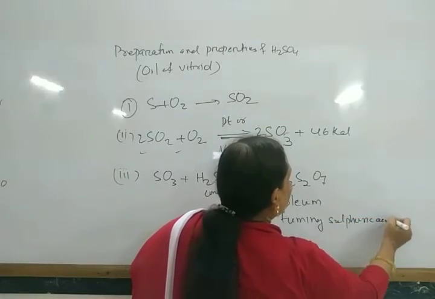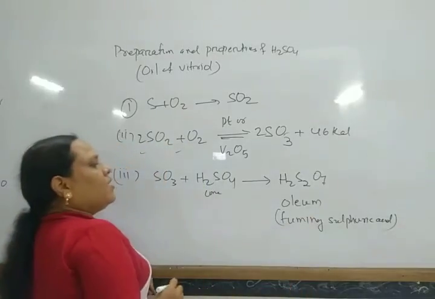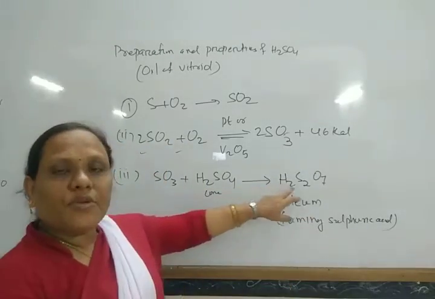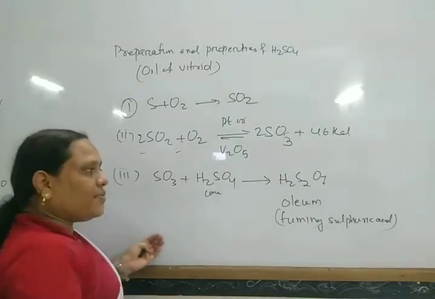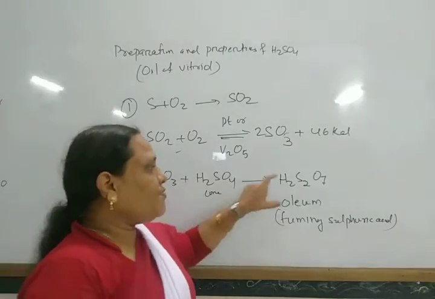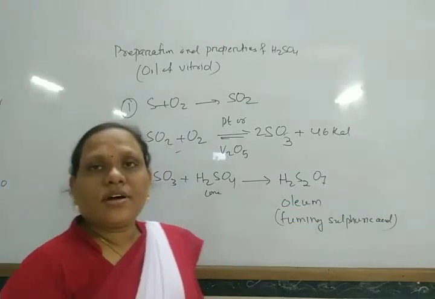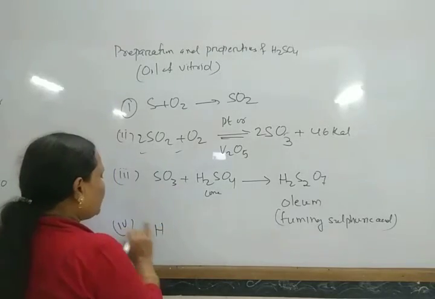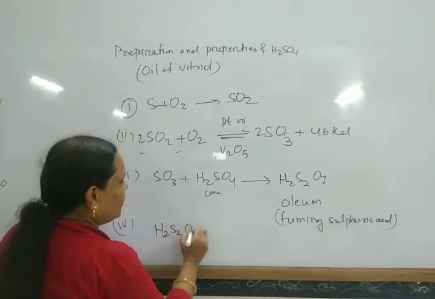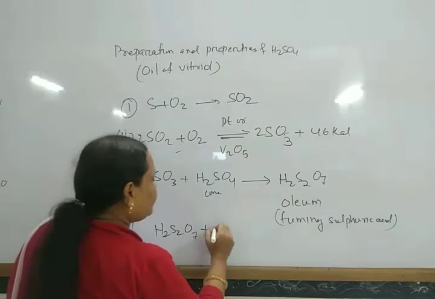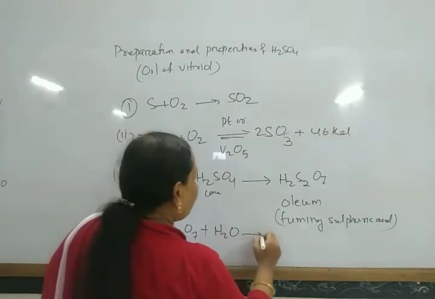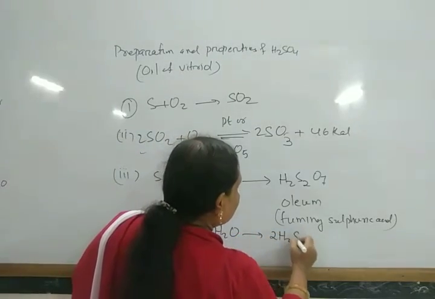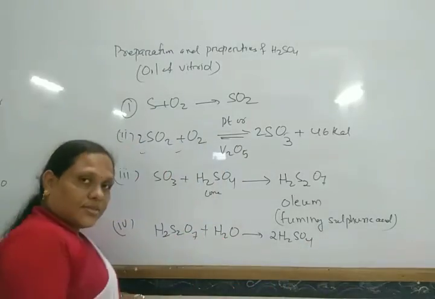And then this fuming sulfuric acid is treated with water to prepare the desired concentration of sulfuric acid. That is the last step: fuming sulfuric acid treated with water forms sulfuric acid of desired concentration.